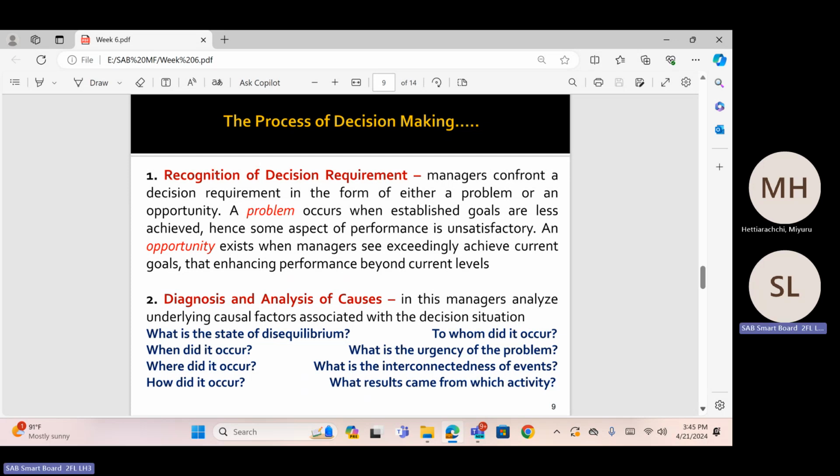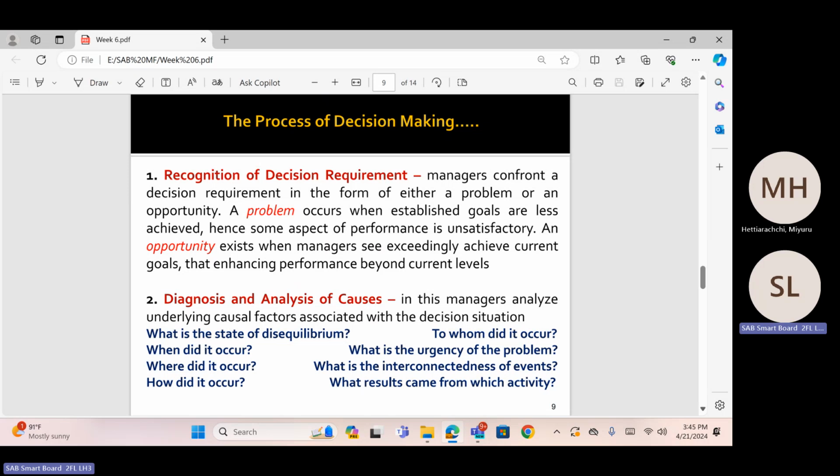Then, knowing the symptoms, they should consider these questions to identify different causes. Right. What's the nature of the gap, the disequilibrium? How did it occur? Where did it occur? When did it occur?